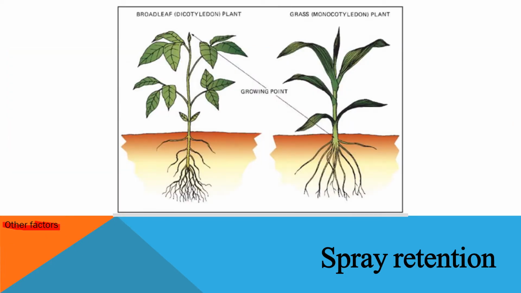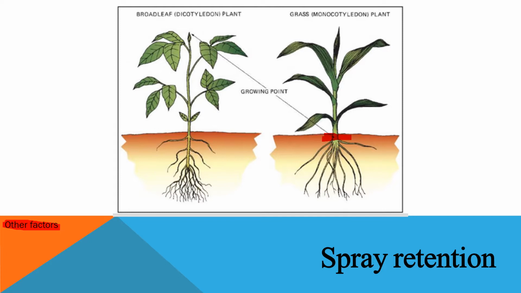Other factors in spray retention: the location of growing points, or plant meristematic areas, can determine herbicide selectivity. In grasses, growing points are usually at the base of plants and are protected from foliar herbicides by surrounding leaves. So this is for grasses.